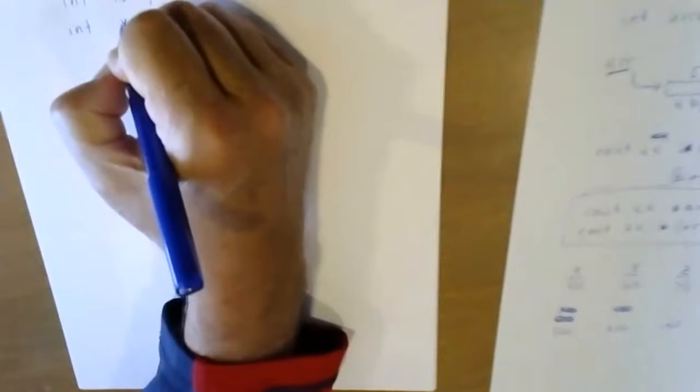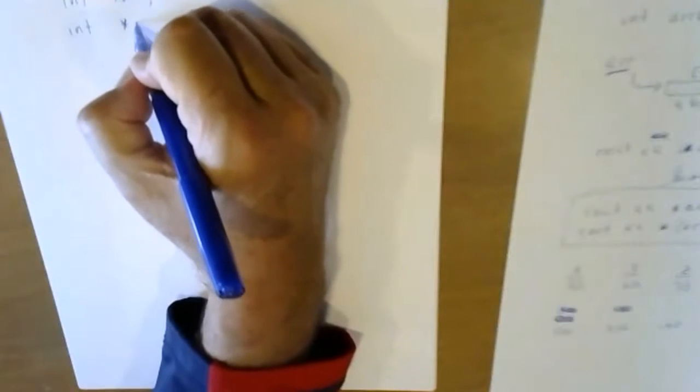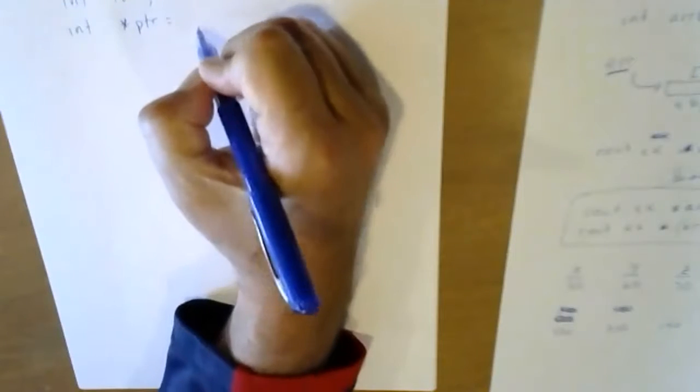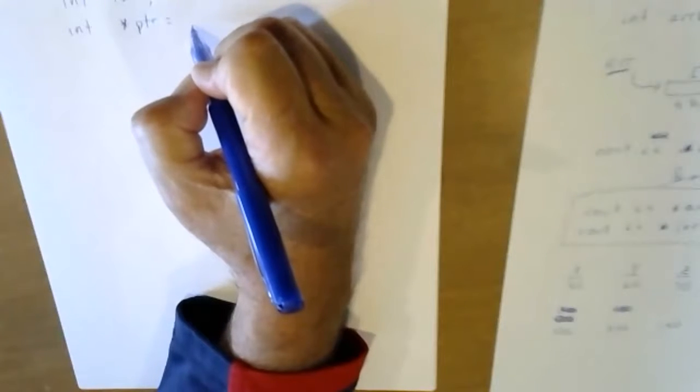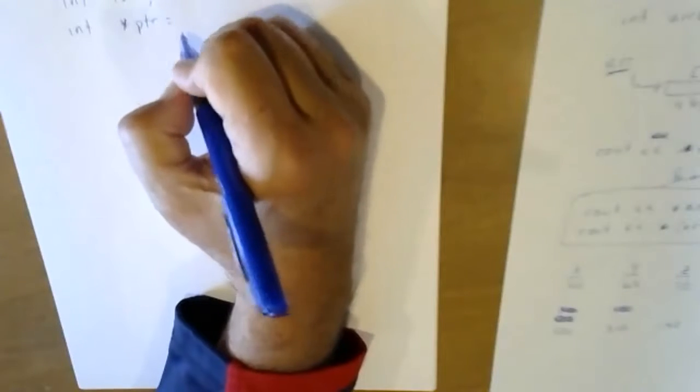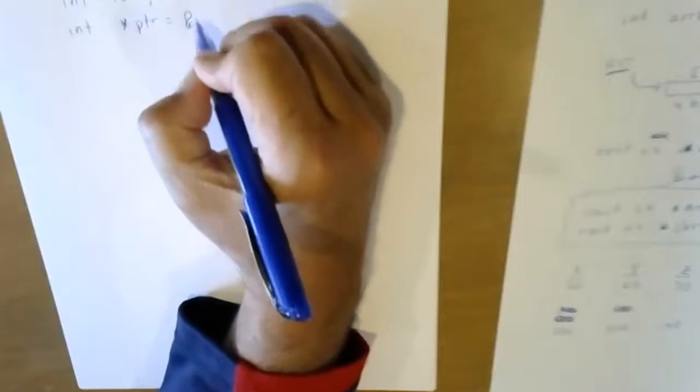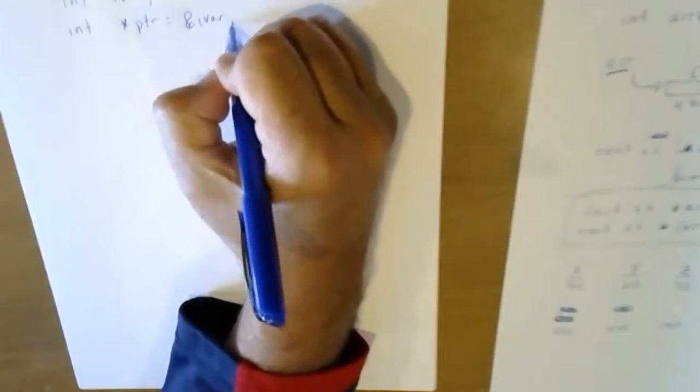Let's see what it is. I have int ivar. It's just an integer variable. I'm declaring a pointer, and I'm going to give it a value. That value I give it has to be an address. And when I say the address of ivar, I'm good. I'm going with valid.